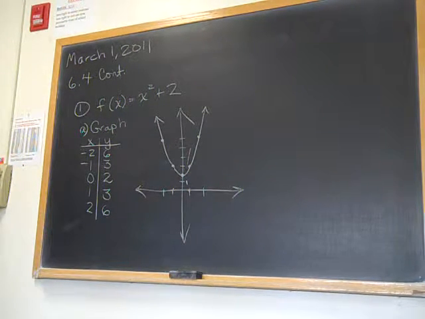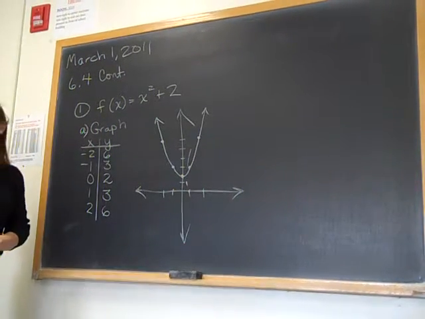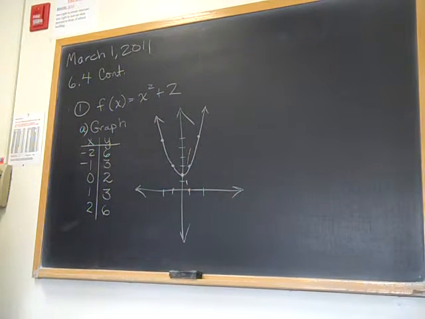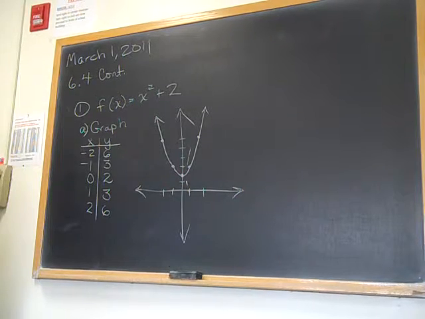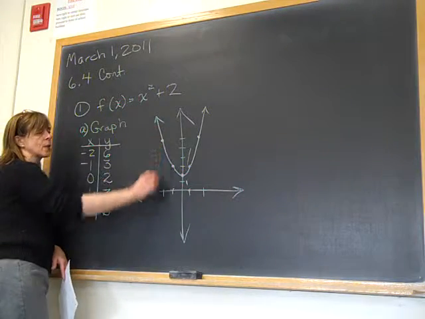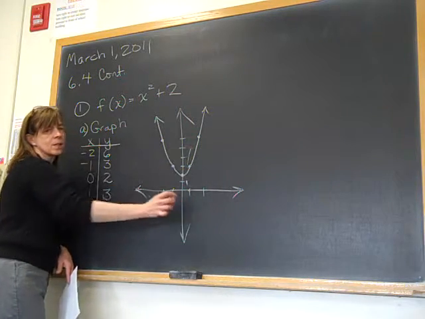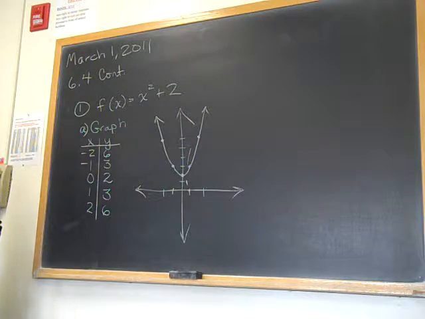And is this graph a function? Is this the graph of a function? Yeah. What has to be true for a graph to be a function? It has to pass what test? Vertical line test. If we draw a vertical line, is there anywhere that we can draw a vertical line that's going to hit this graph more than once?